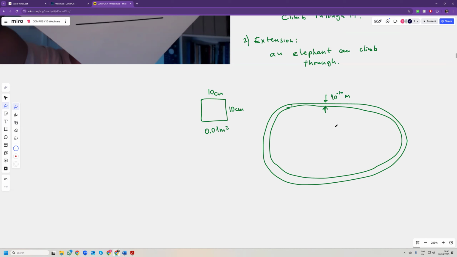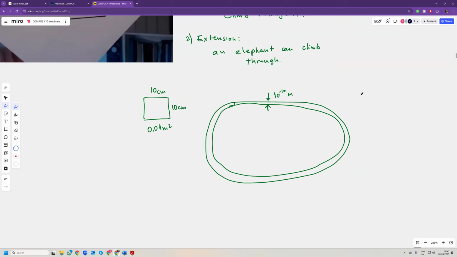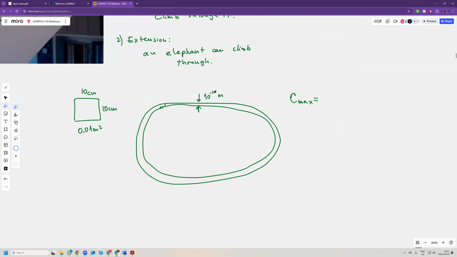So the maximum circumference you can have, if it's the width of an atom, of course that wouldn't hold, but let's imagine for now the width of one atom, would be the area divided by the width.